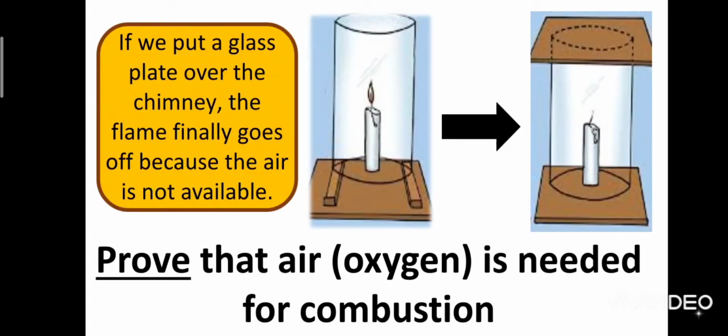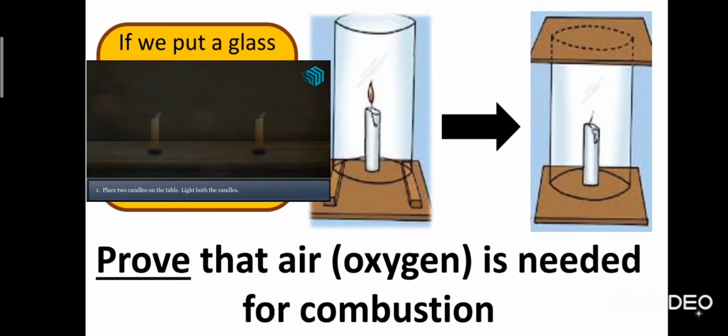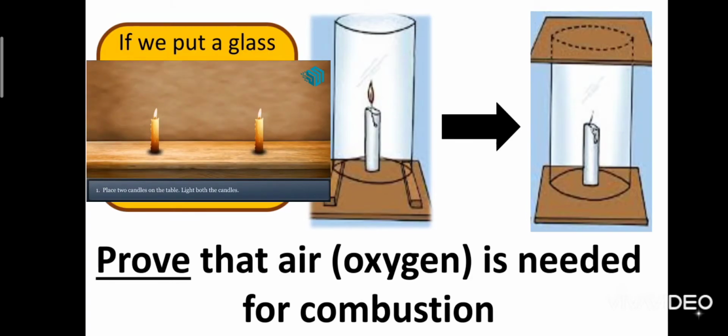Okay, for this slide, this simple activity proves that air or oxygen is needed for combustion. You can see from the video. Step 1: place 2 candles on the table. Light both candles. Step 2: place an inverted glass over one candle.